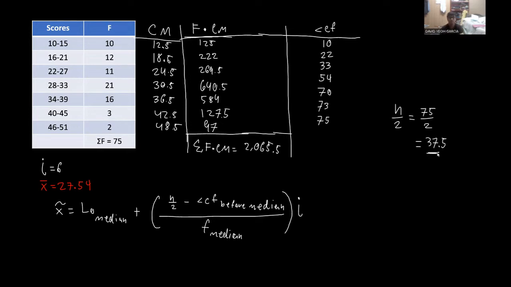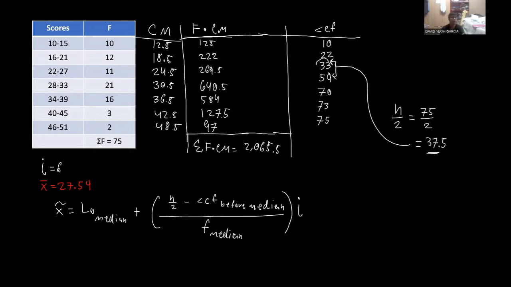All right, so let me say it again. Pick two close cumulative frequencies wherein this value is found or located in between these two numbers. So 37.5 is located in between 33 and 54.